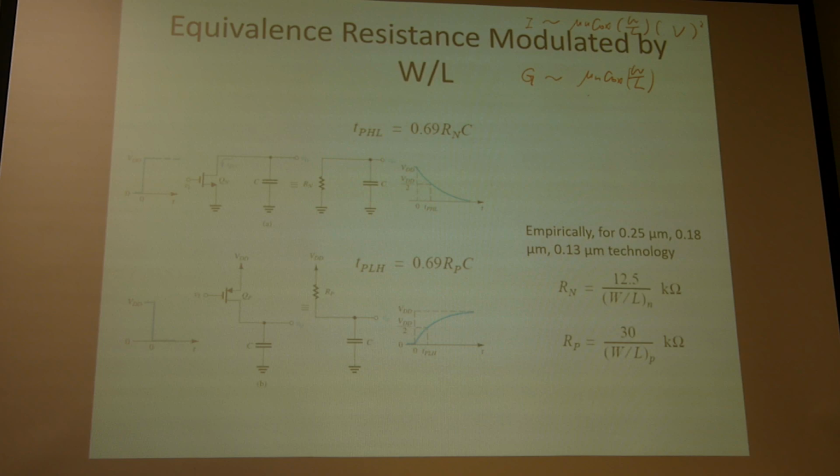So conductance is proportional to this. And resistance will be 1 over conductance. So what matters here is W over L. So if you increase W over L, your resistance will decrease.